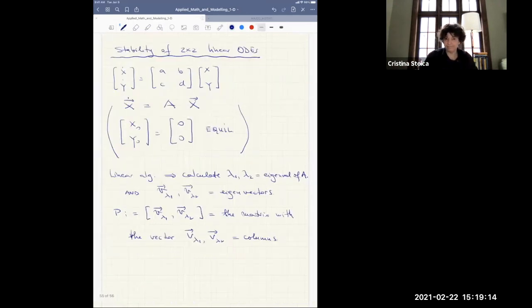It's because I want to bring this system to a form that is diagonal. Let's say we have a system that looks like this: x dot, y dot equals the diagonal matrix 2, 0, 0, 3 times x, y.